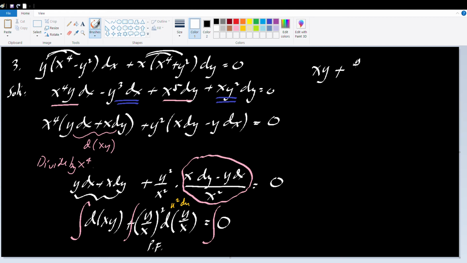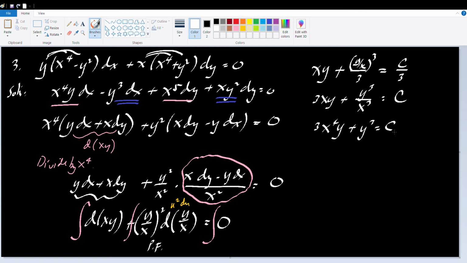So (y over x) cubed all over 3 equal to the integral of 0, which is a constant. Let us use c over 3. So that becomes 3xy plus y cubed over x cubed equal to c. Or 3x to the fourth y, after multiplying everything by x cubed, plus y cubed equal to cx cubed.